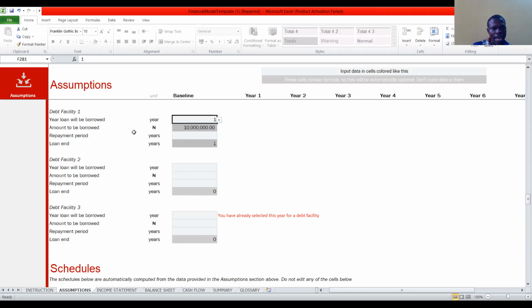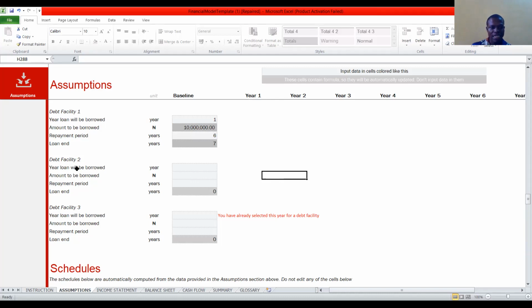Then the repayment period. We want the loan to be paid back within 7 years. Since they are going to give you at least 1 year moratorium, you use 6 years here, so that within 7 years you finish paying back the loan.